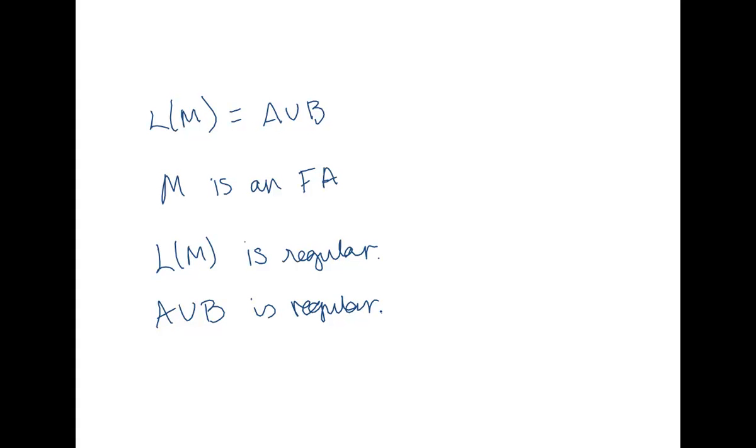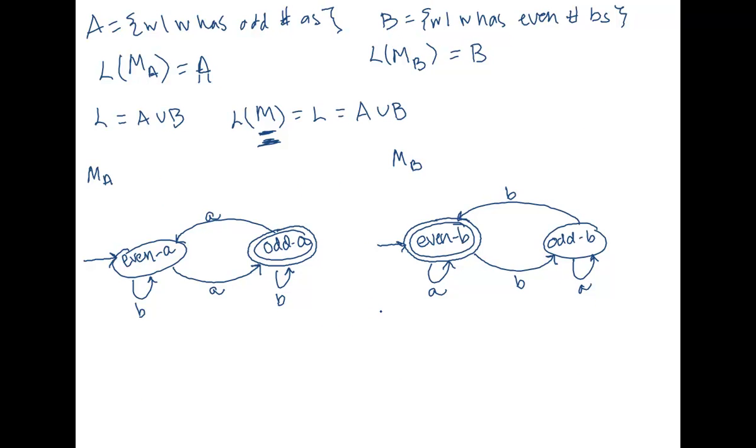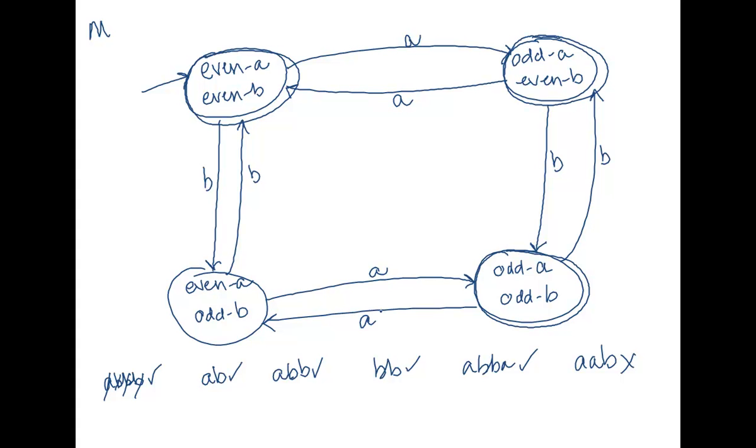Okay, and with a little bit of extra work, you can show that no matter what machine you're starting with, really it's not extra work, it's just extra formality. You can show that as long as you have two regular languages, therefore you have two machines, you can do this construction that we did, this product construction, and you will end up with another machine.